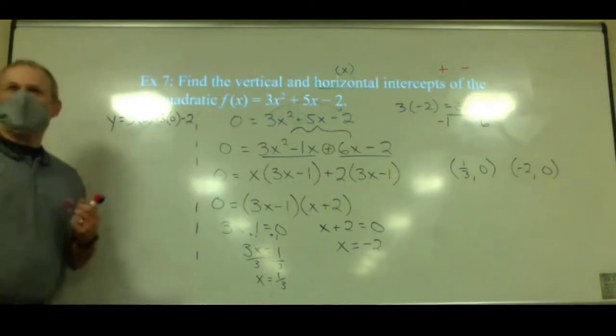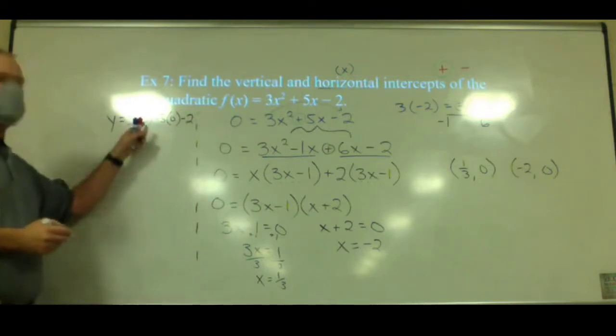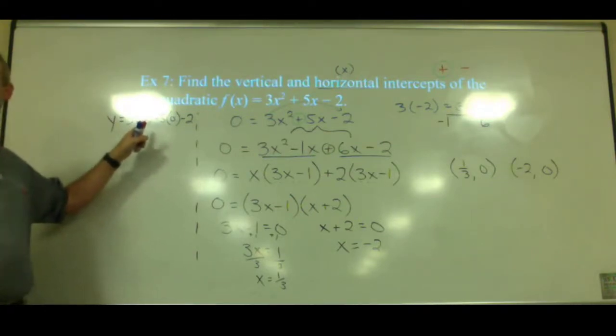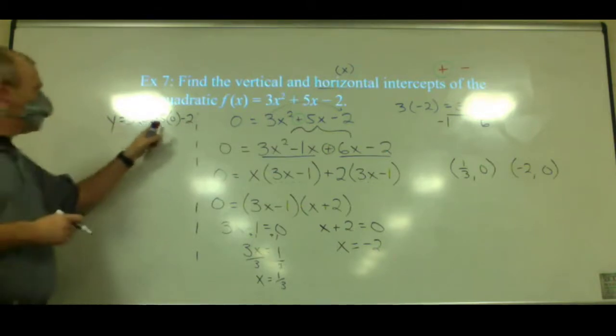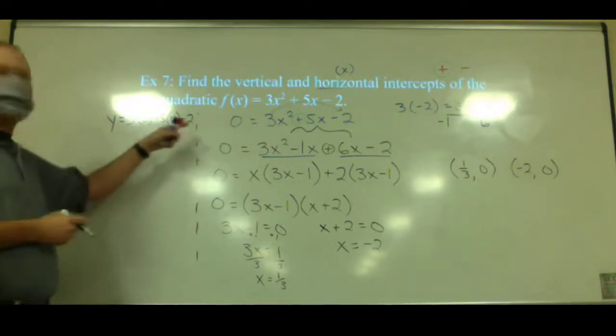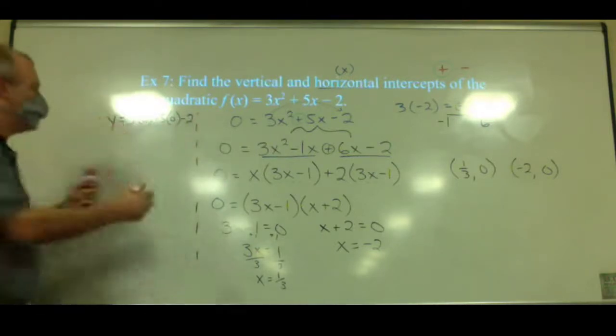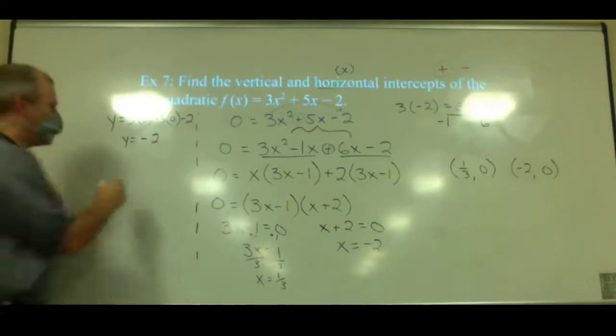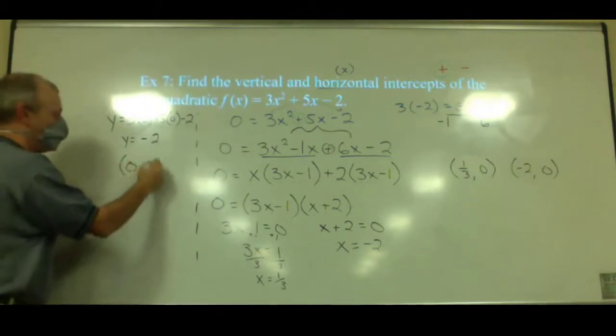And again, you can use a calculator if you want, but 0 squared is 0. This is the vertical one. 0 squared is 0, and 3 times 0 is 0. And then 5 times 0 is 0. And then minus 2. So we've got 0 minus 2 is -2. Right? That's the easy one. So that means x is 0, y is -2.